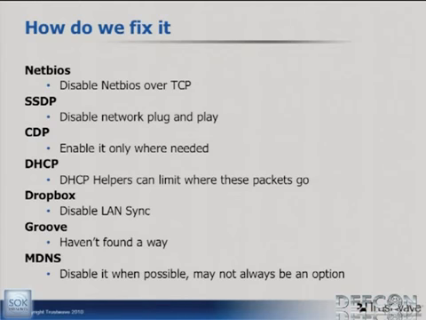For DHCP, Cisco has the concept of a DHCP helper. DHCP helpers can help limit where the DHCP information goes, and that will cut down on your ability to leak information via DHCP. Dropbox disabled the LAN sync protocol, and this doesn't happen. Basically, you can still get a lot of that same communication that you need.